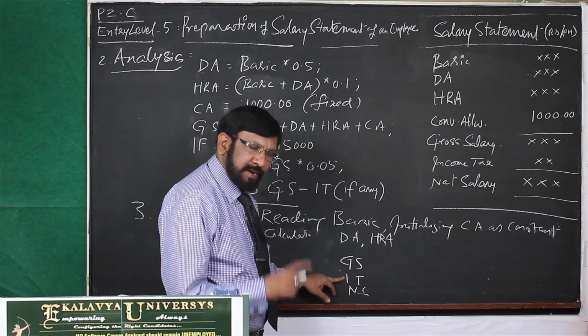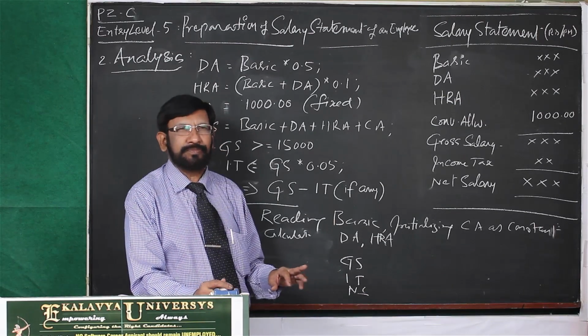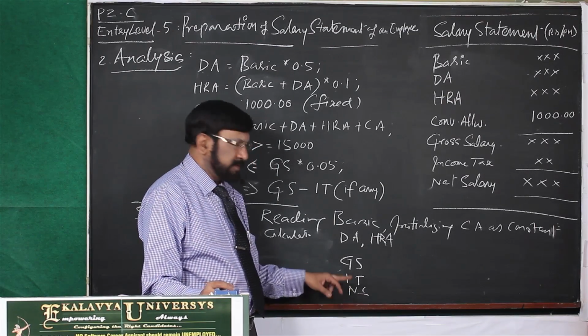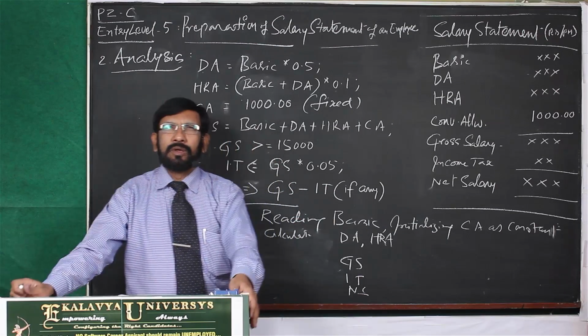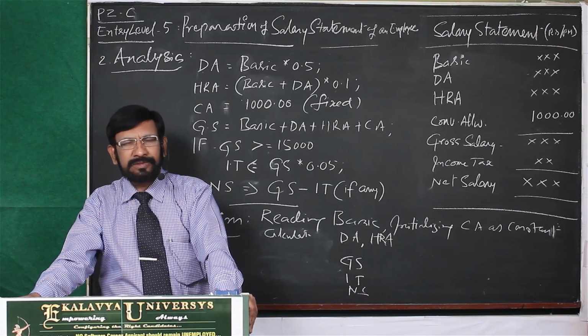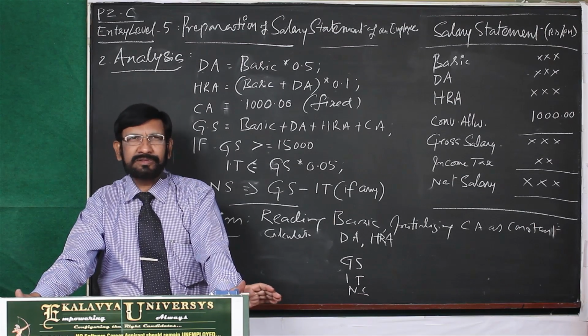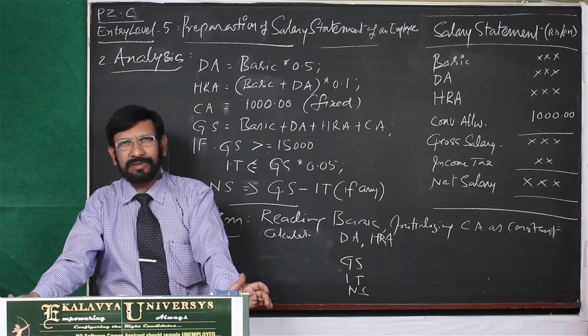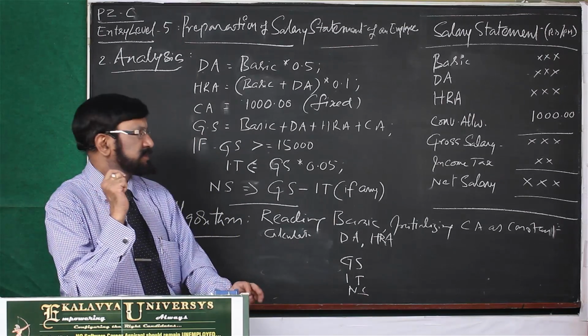Thereafter, net salary. Net salary is gross salary minus income tax. So, for those to whom income tax is not applicable, gross salary and net salary are one and the same, because income tax will be 0, then gross salary is equivalent to net salary.